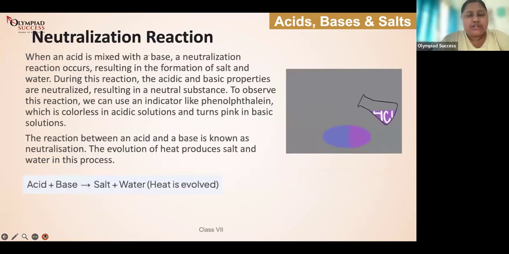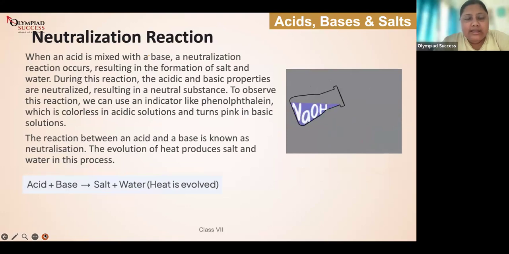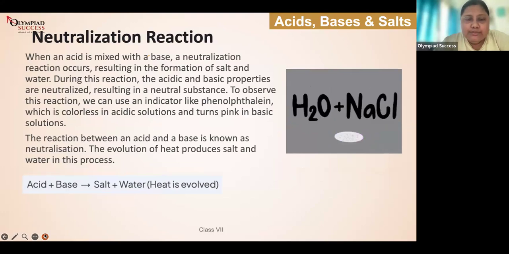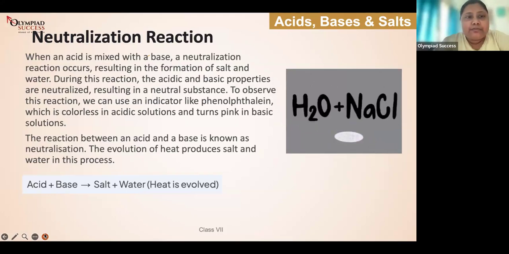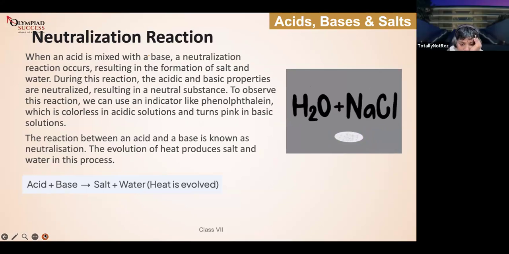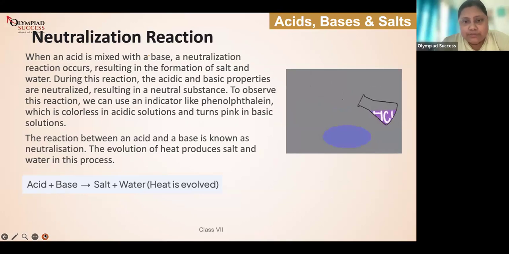Moving on to the neutralization reaction. Neutralization is a chemical reaction between acid and base that forms salt and water.